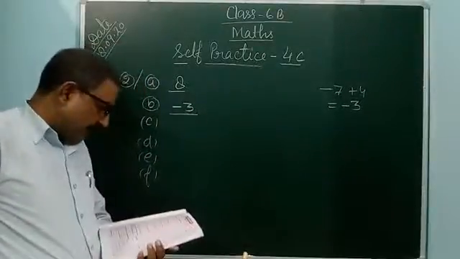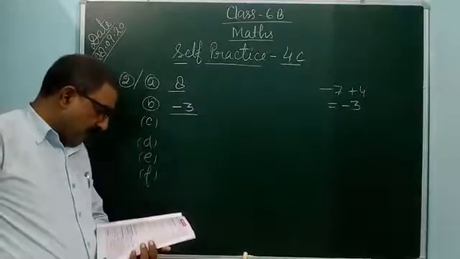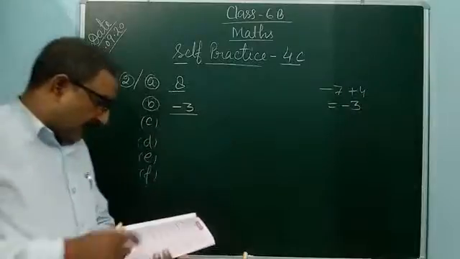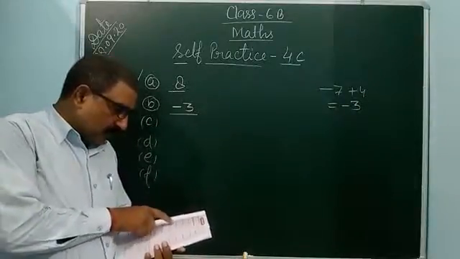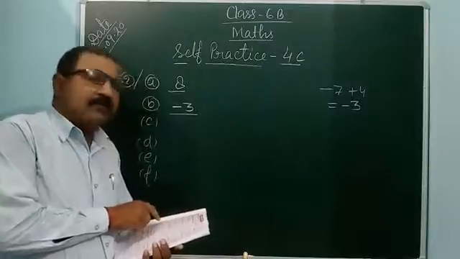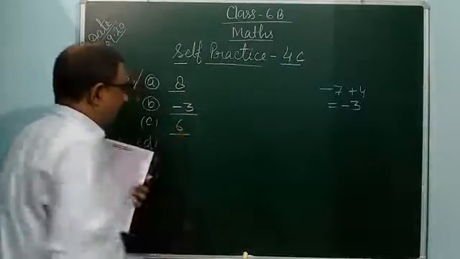Question number C. You can see 9 plus minus 3. How many gaps are there? You can count from 0 to 6. 1, 2, 3, 4, 5, 6. So 9 minus 3 means plus 6.